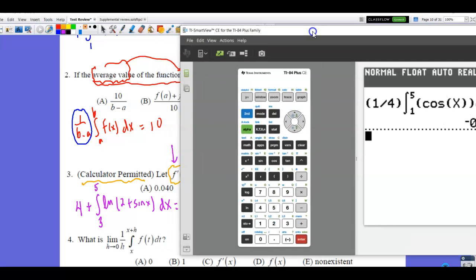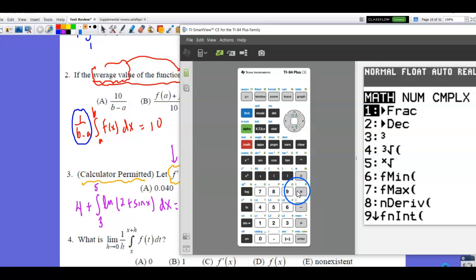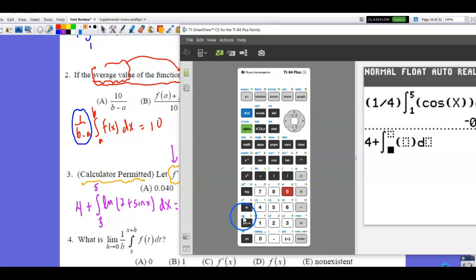I'm going to type literally what I see, so that is 4 plus, and remember we're looking at math, number 9, you will get used to that, math number 9, from 3 to 5. And the function in this case is ln of 2 plus sine x.